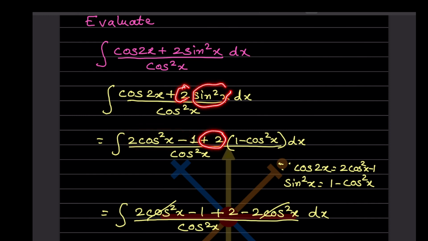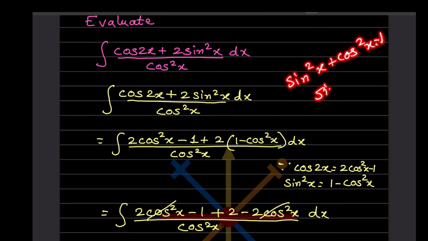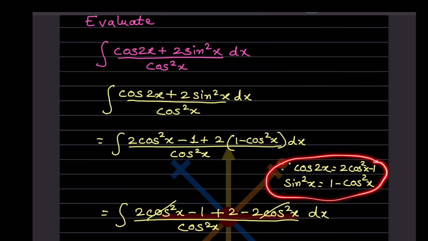But sin square x we can write as 1 minus cos square x, because the first identity is sin square x plus cos square x is going to be 1. So here sin square x, if we rearrange, is 1 minus cos square x, and the denominator is the same. I have written the formula over here.